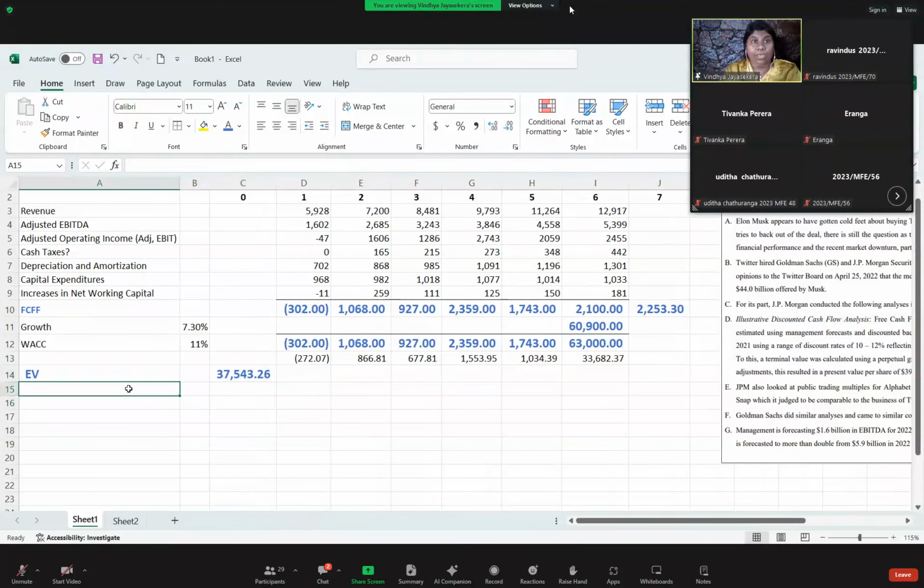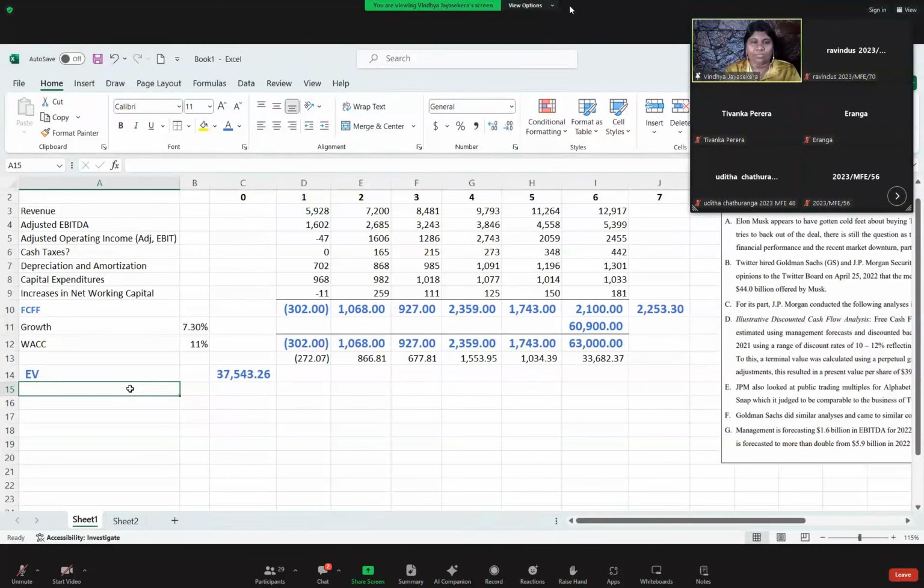So to this, now I have to make an adjustment. What is the adjustment that we make? I have to make an adjustment or not?